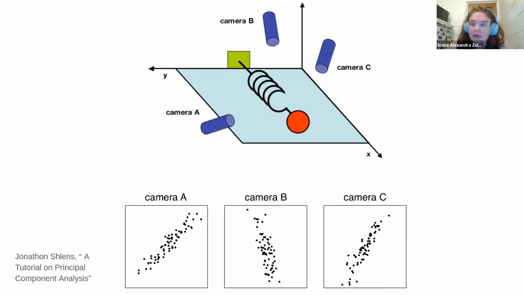So the principal component analysis allows us to take a data set that is highly dimensional, in this case the measurements from all the camera angles, and create a matrix out of this data set and calculate its eigenvalues and eigenvectors, and basically transform the matrix to a different basis.